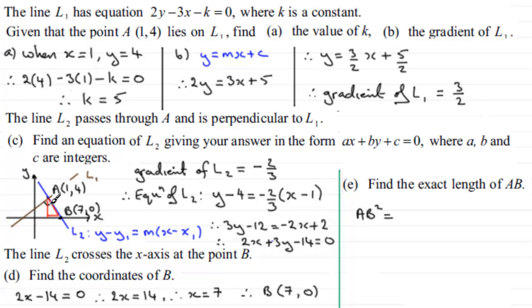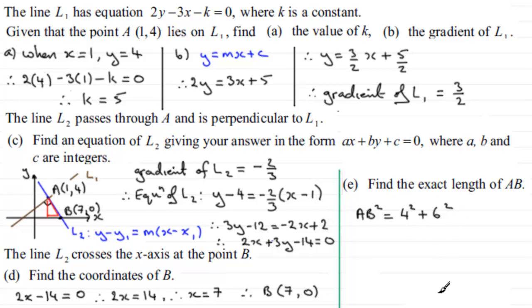And this side here is 4 units long, because A is 4 units up from the x-axis, so it's going to be 4 squared, and then plus, and this horizontal distance here is going to be the difference between the x-coordinates, 7 minus 1, a total of 6 units there, so that's going to be plus 6 squared.